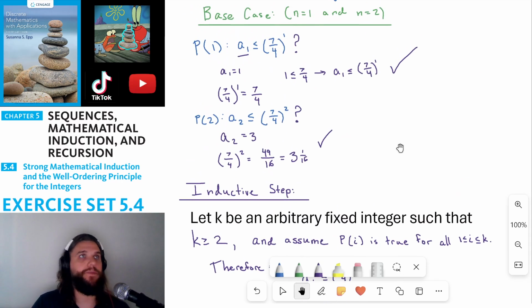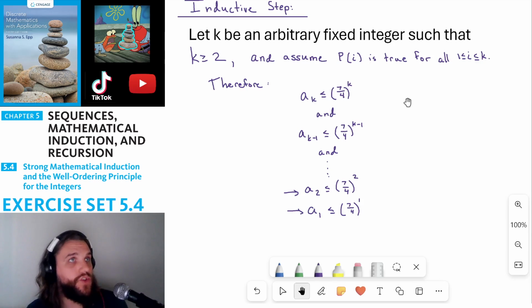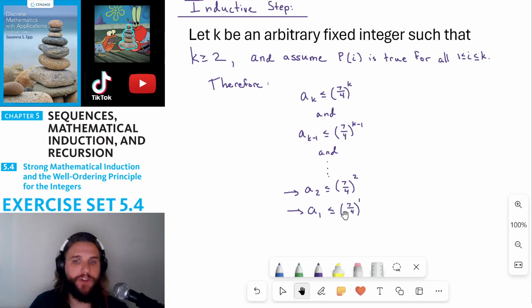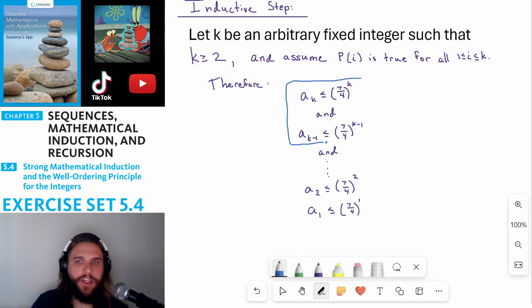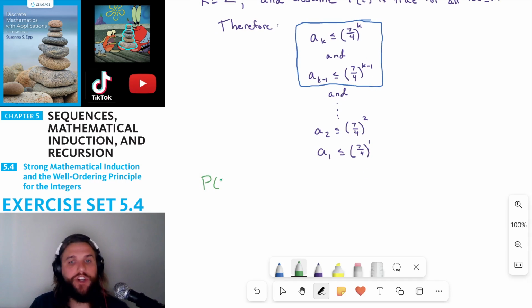In the inductive step, though, we're assuming all of these to be true, and we can use all of these tools to prove that P of k plus 1 is true. For this proof, we're only going to need these two inequalities to prove that P of k plus 1 is true. Now let's talk about what we want to show in the inductive step. We want to show that P of k plus 1 is true. What is P of k plus 1?